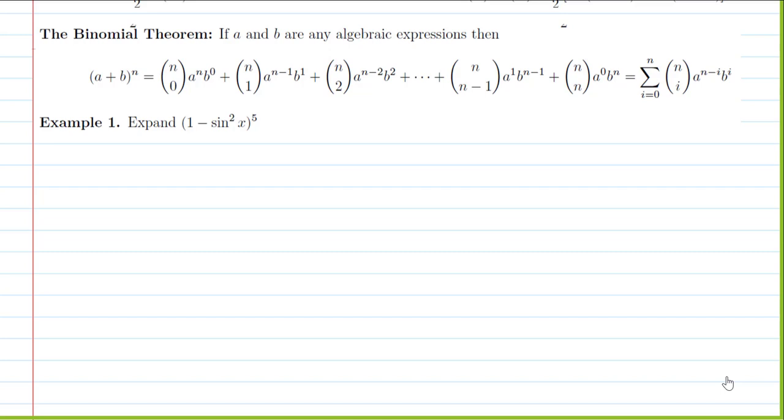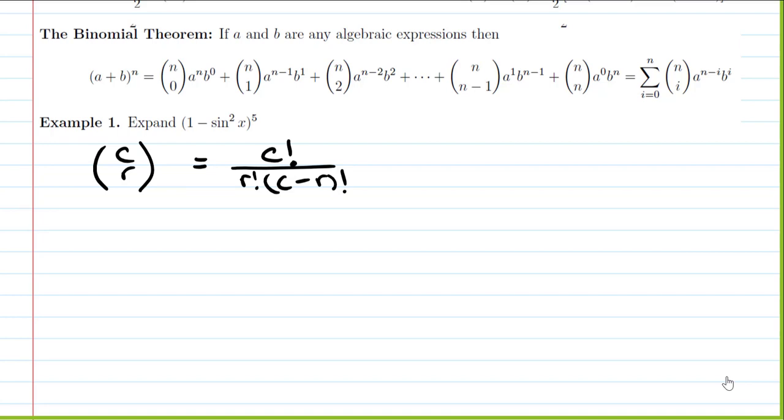So we may or may not remember what the choose function is. If we have something that looks like c choose r, c choose r is equal to c factorial over r factorial times c minus r factorial.